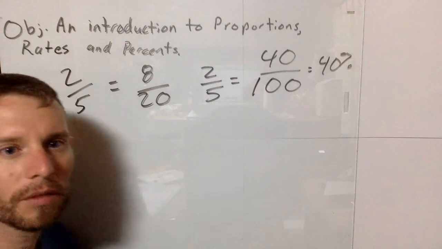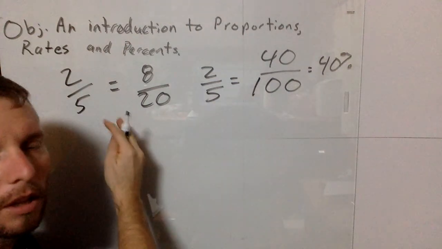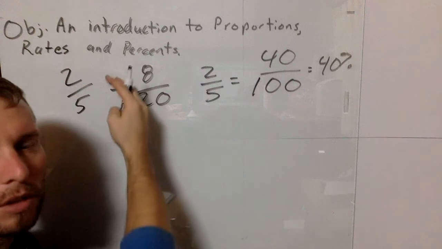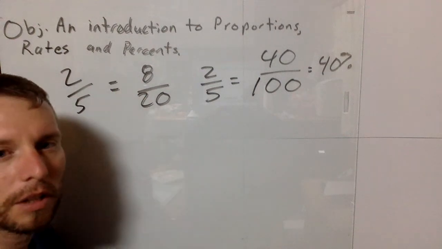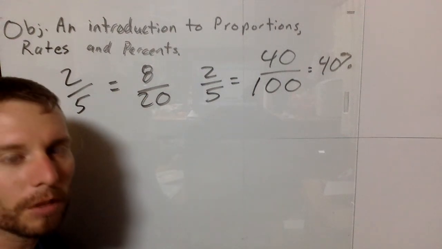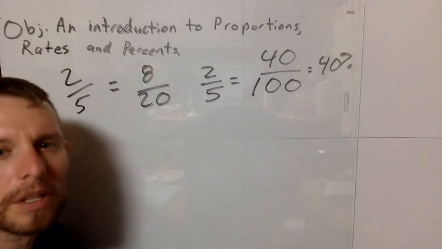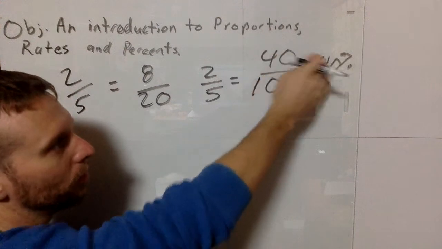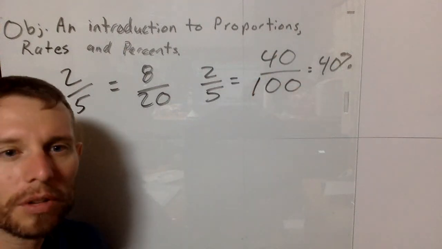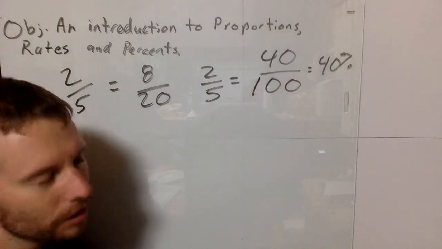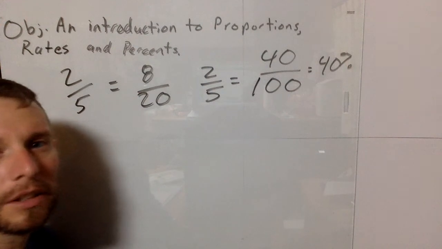And so again, we would know that the proportion of cats to animals would be 2 to 5. If there were 20 animals, we would suspect that 8 of those would be cats, and the percentage of cats out of the total animals would be 40. That's just a silly example, but you can get the idea.